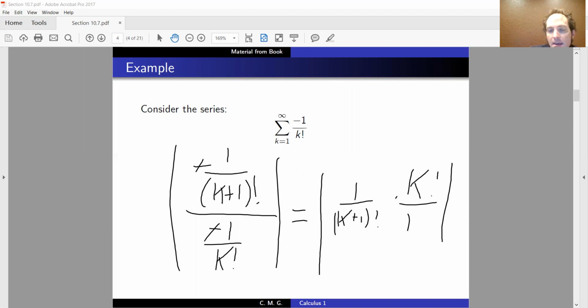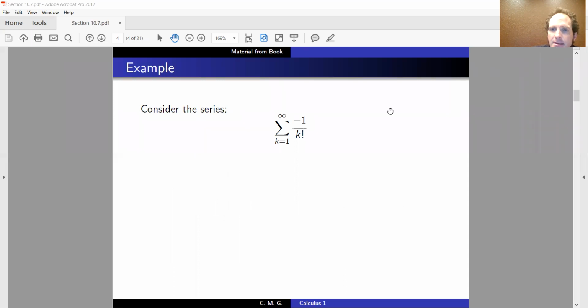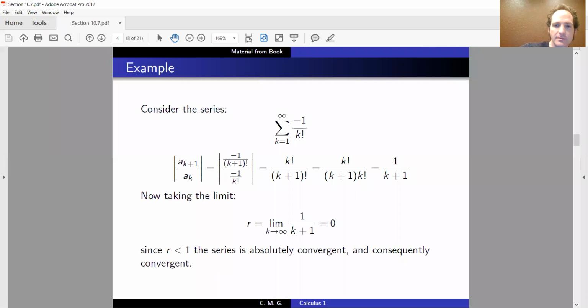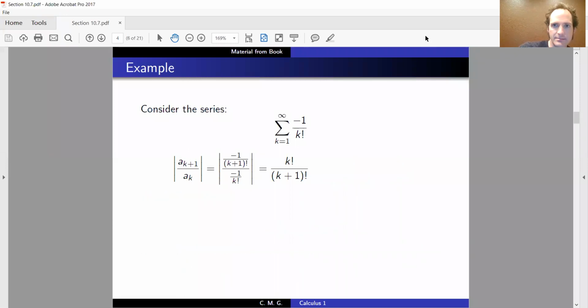Right. And that, I just multiply the k factorial on the top, and that gives me k factorial over k plus 1 factorial. And now I have to think a little bit. Okay, so k factorial is just the product of all the numbers from k down to 1, right?